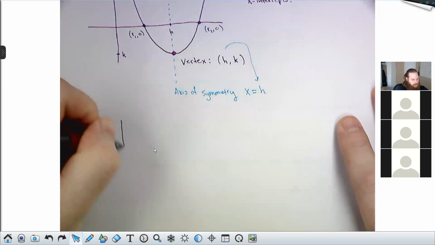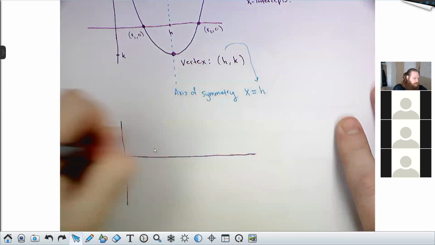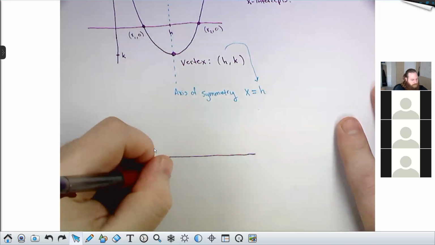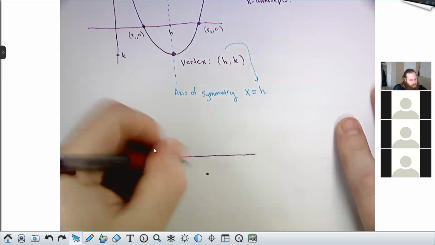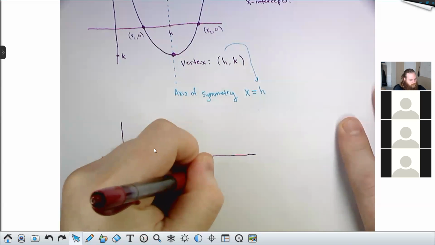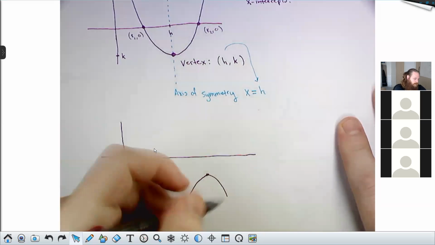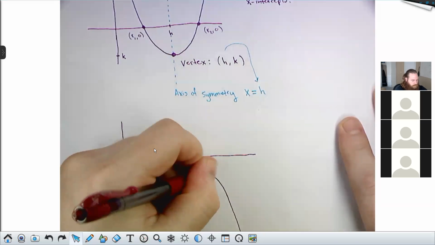Here's another picture. It's possible for a parabola to open down, and it's also possible for them to have no x-intercepts. Right?